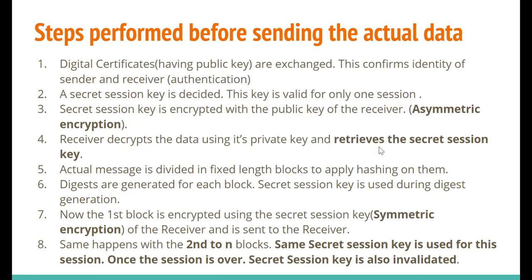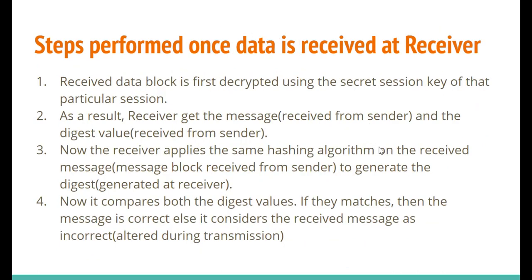Once the session is over, the secret session key is invalidated. So these are the steps which are performed once data is received at the receiving end. We have already discussed this.